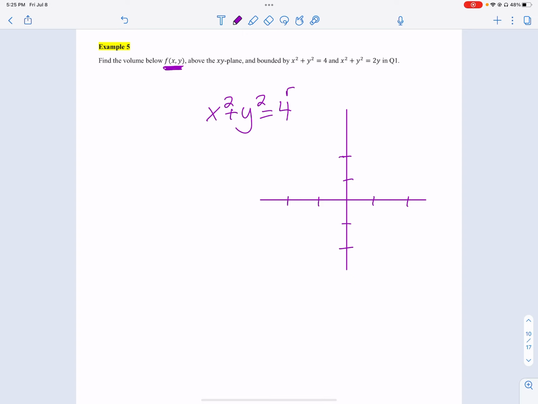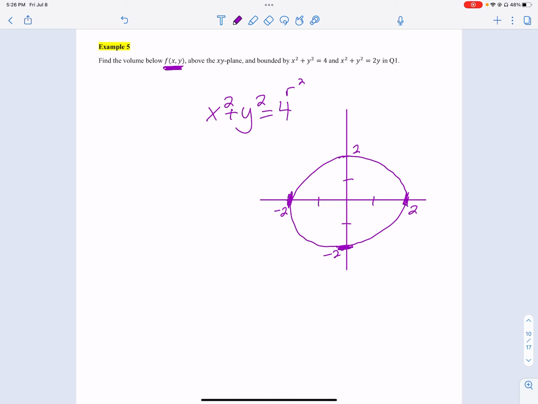This is r squared, so r is 2. So I'll make the best circle I can do. I can tell my axes are off. These are 2's. I'm just going to make them run into it. There we go. Okay, so those are 2's.